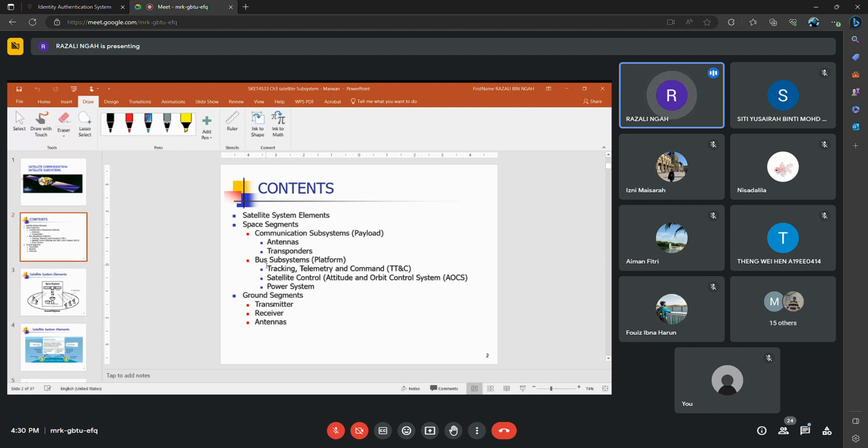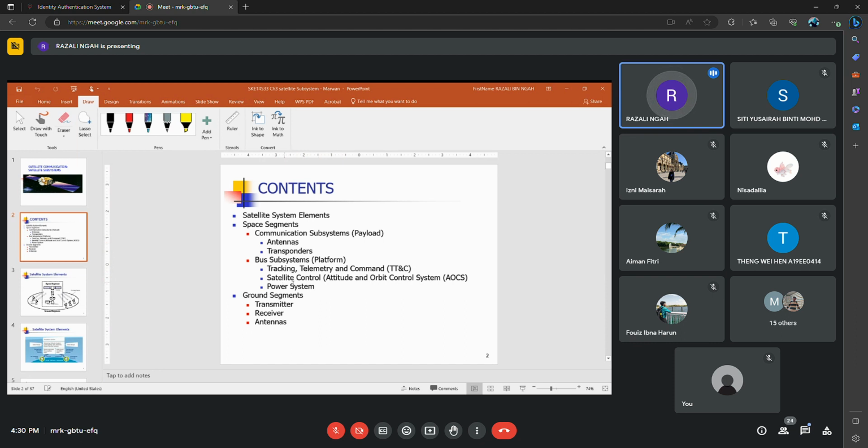Whereas the bus subsystem, which, except for TTNC, is located in the space segment, is the subsystem required for the satellite but not dealing with the information signal.